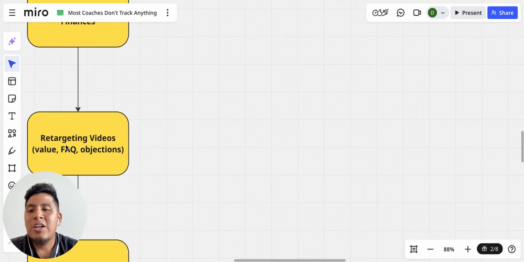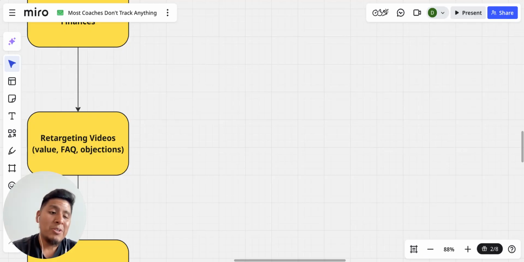right? A couple other things you can do, and I've talked about this in other videos, is having retargeting videos. Just do a 7-day or a 30-day window. 7 days if it's book call, and you give them some value videos, some FAQs, some objections, even testimonials, so that when they're on their phone or laptop, they can see other things and think, oh, this is legit, I never knew this person had a testimonial like this, or, hey, that's an objection I have but didn't say on the call.